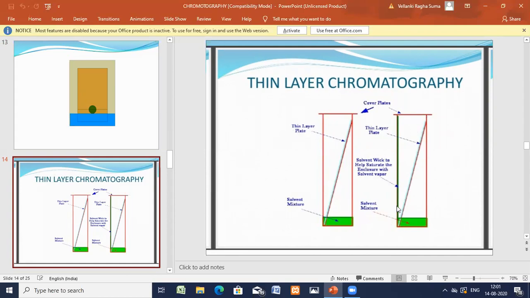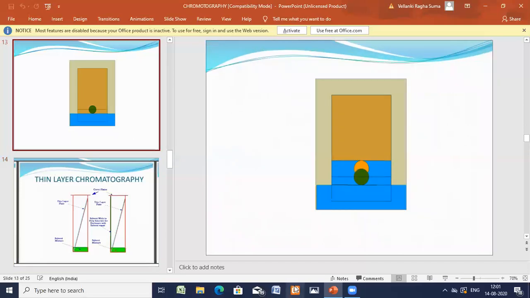The thin layer is coated, and the sample is here. As the plate is dipped in the solvent, the sample mixed here, the solvent is absorbed and moves along the plate and separates the mixtures. In this way it gets separated.